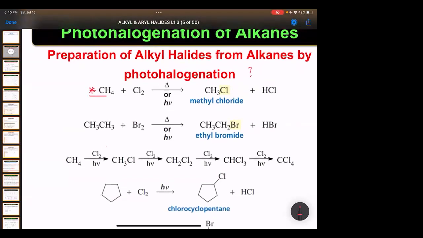So this is free radical, not electrophilic, because there is no electrophile which we have taken. What is a nucleophile? Can you give me some example of electrophilic species?